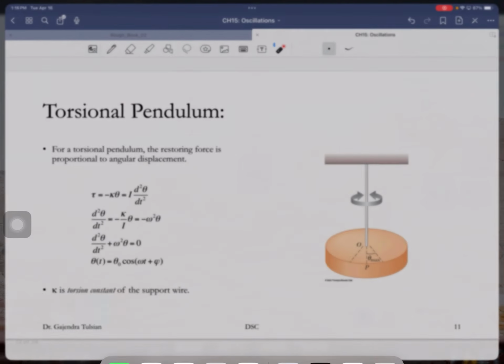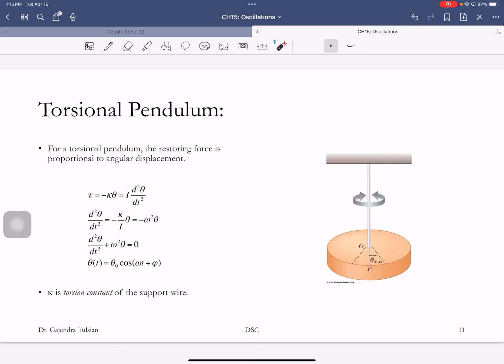Okay? So for this system, how did you measure the configuration of the system? You measured the position of this mass as a function of time. Okay? So when you twist this, the way to measure the configuration of the system is to measure this angle as a function of time.